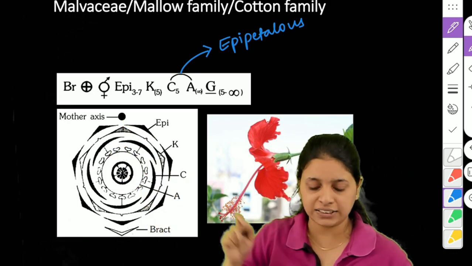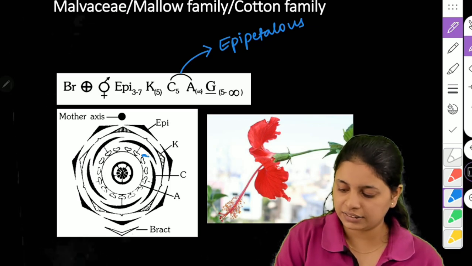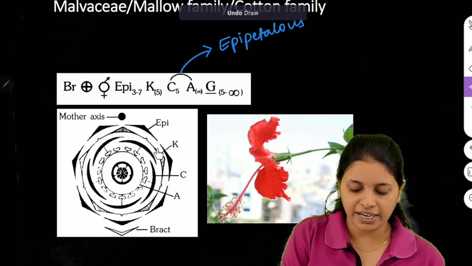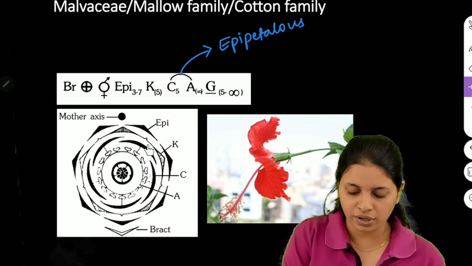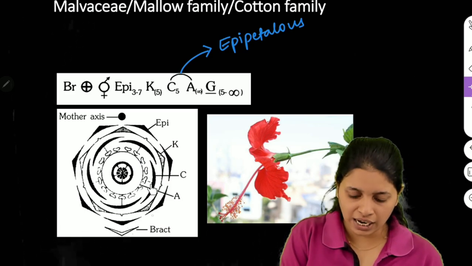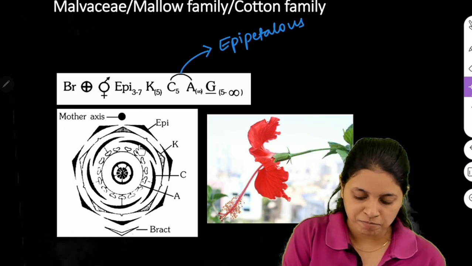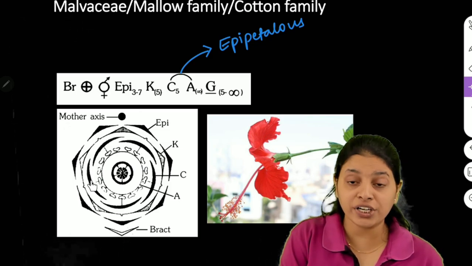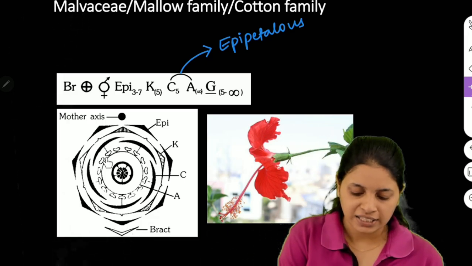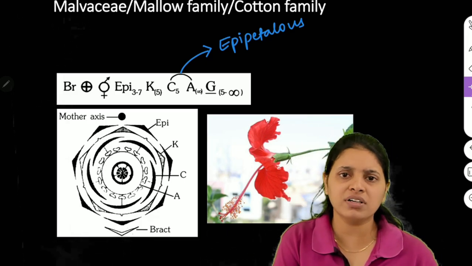We have the mother axis, we have the epicalyx. Over here, we have the epicalyx, then we have the calyx, right? United, so fusion is shown. Then we have the petals. Now see the arrangement of petals, these, right? We have twisted aestivation. How are the petals arranged? Twisted fashion, right? These are the anthers, so there are numerous stamens.